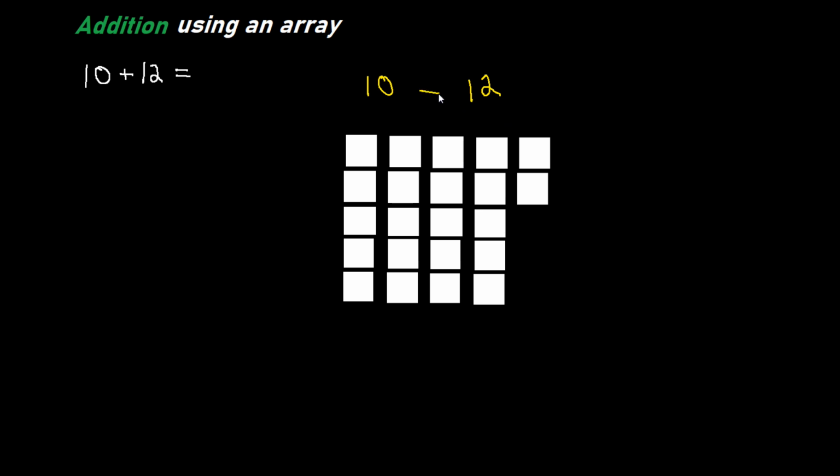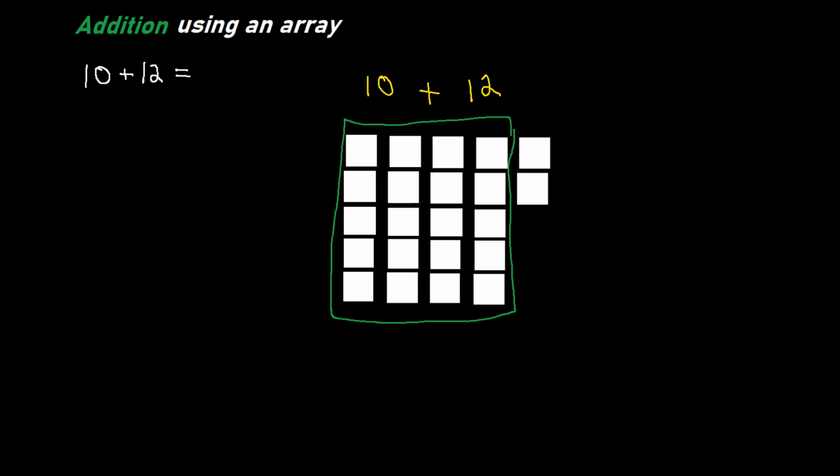Joining both 10 and 12, we can count the total here. The easiest way to do this is to look at where you have symmetry here. We have 1, 2, 3, 4 by 1, 2, 3, 4, 5.